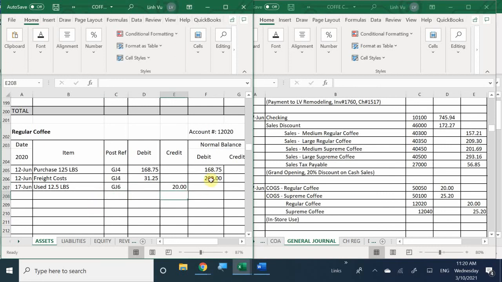Now if you notice this, if you have your formula in here, where do you see this number? Where have you seen this 180 before? We see this in your inventory worksheet, right?